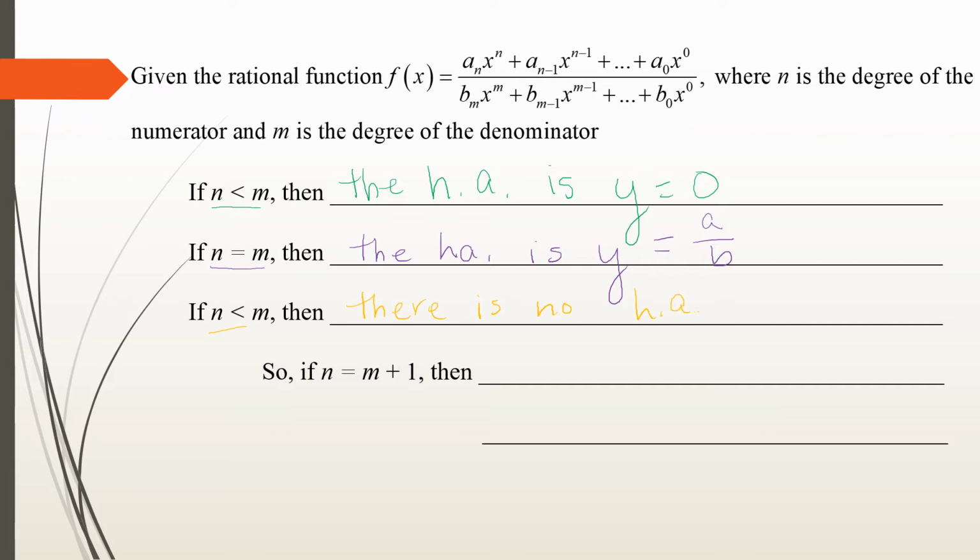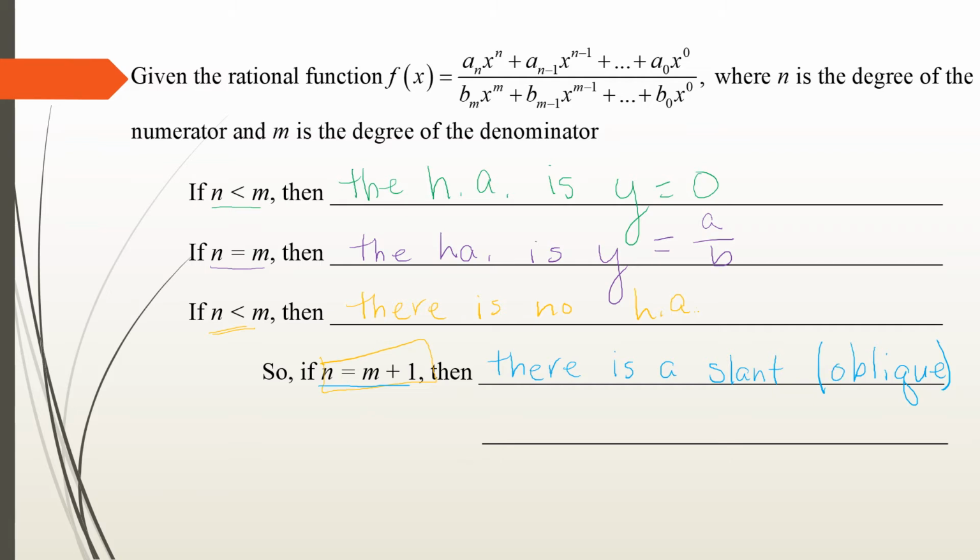But if n is greater than m by 1, so n is equal to m plus 1, then we have a slant asymptote. Sometimes you'll see the word O-B-L-I-Q-U-E, oblique, not A, it's O. Oblique.